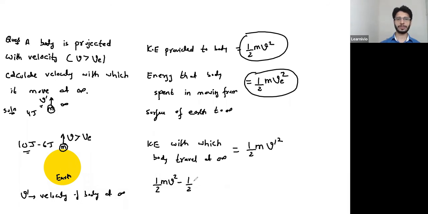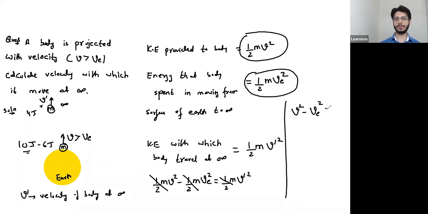I use half m v e square to escape the gravitational pull of Earth, and this is half m v prime square that is left. So half m gets cancelled out, and I'm left with v square minus v e square equals v prime square.